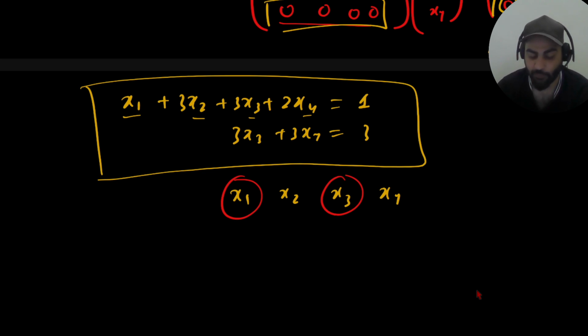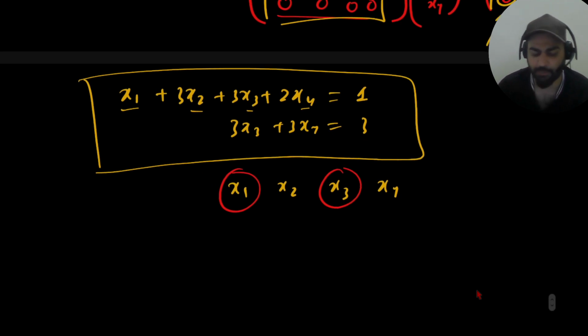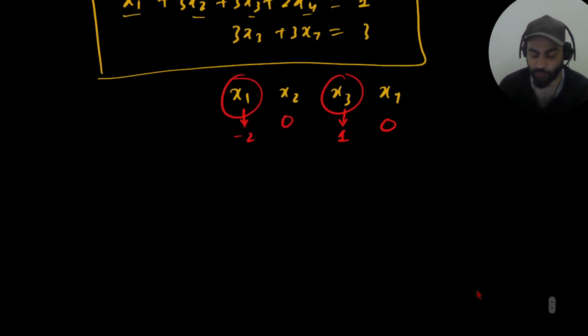For the free variables we'll assign 0 and 0, it is up to us. When we assign 0 0, the values we get for x3 and x1 will be -2 and 1. So we got one particular solution: (-2, 0, 1, 0).